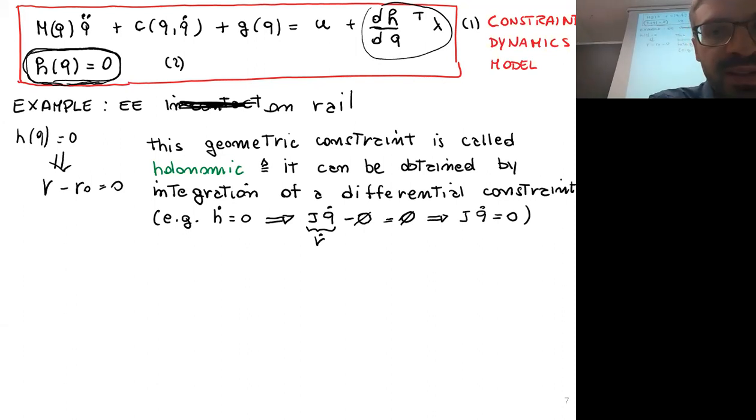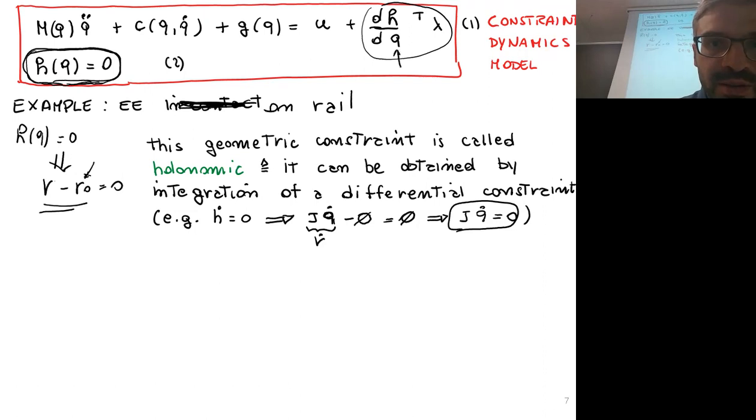And holonomic means that it can be obtained by the integration of the differential version of this constraint. What is the differential version? We do h dot equal to 0, which means doing the time derivative of this. If you do the time derivative of r, we get the Jacobian times q dot, because we have r dot. And if you do the time derivative of a constant function, we get 0. So this is the constraint at the differential level.